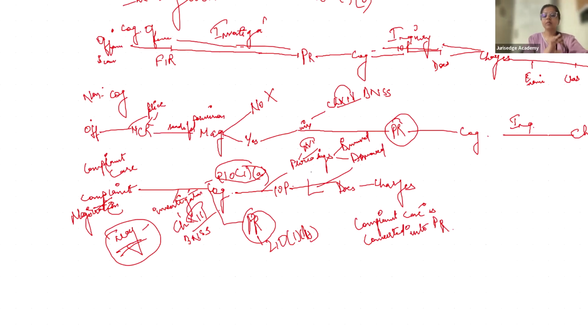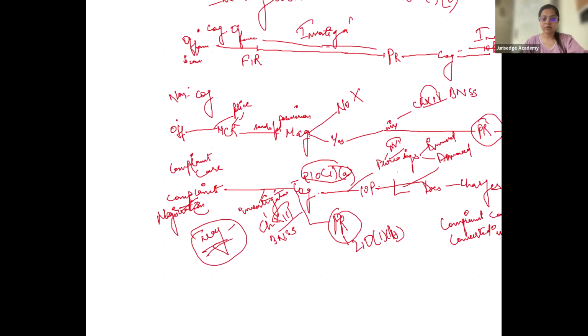So the whole procedural code of CrPC or now BNSS is divided into these three parts: investigation, inquiry, and trial. So we are dealing with investigation for now. So if investigation under chapter 12, under chapter 13 is taking place, then the police report will always be filed and it will be converted into a cognizance taken on a police report case.